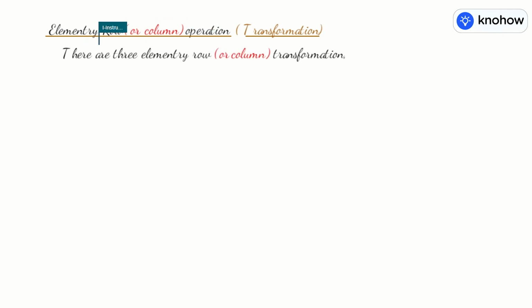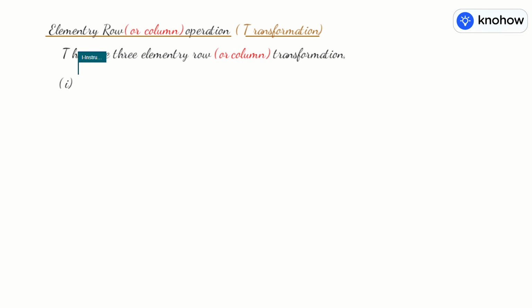So let me call it elementary row transformation. There are 3 elementary row transformations, and similarly for columns. Using these 3, we can then work out the inverse of a squared matrix.